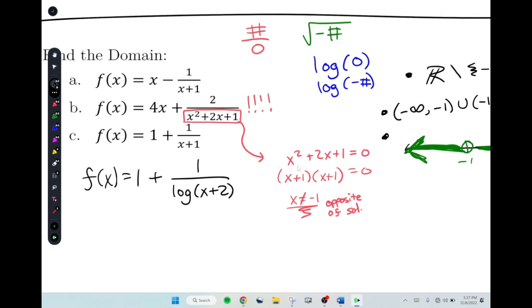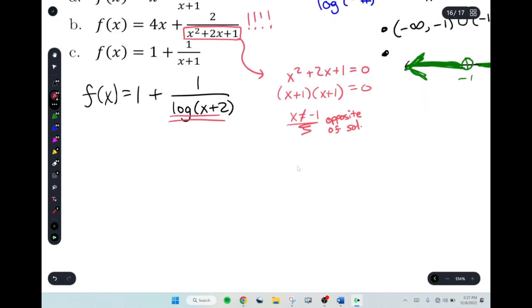So what are the things that can make this bad? A 0 on the bottom would be bad, right? So first things first, let's start with the 0 on the bottom. We take the bottom and we set it equal to 0, right? Log x plus 2 equals 0. How do you get rid of a log? Ten. Yeah, you're right, that's what I say too.